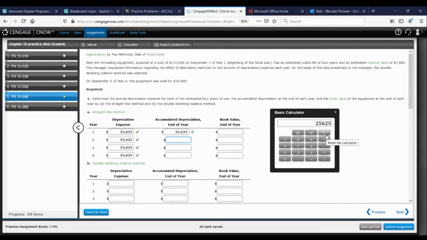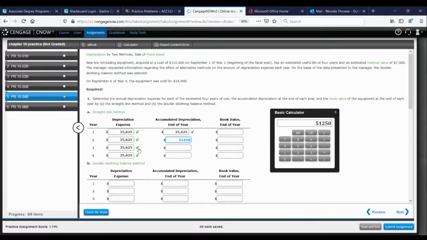So in your calculator, since we already have 25,625 in there, I'm going to add to it the depreciation expense for year two, which was 25,625, and that total amount will be 51,250.